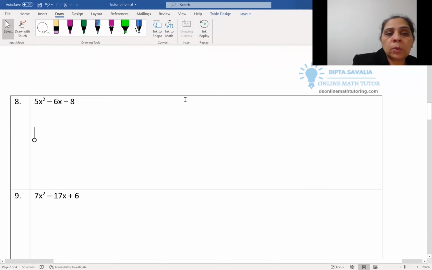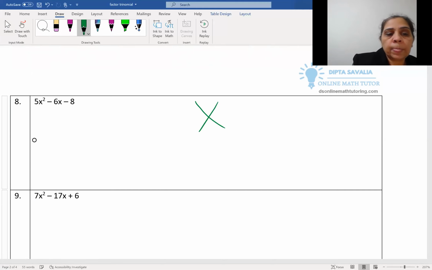So what we need to write in this cross: we have 5 times negative 8, which is negative 40. So I will write down negative 40. In the middle term, the coefficient is negative 6. We need to find two factors of negative 40 whose sum is negative 6.